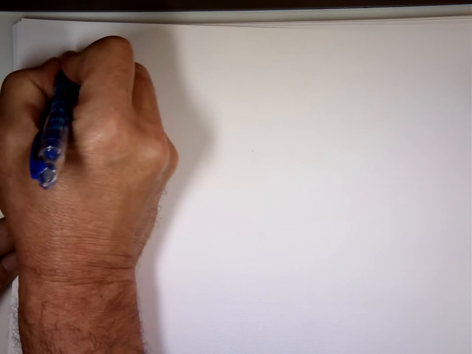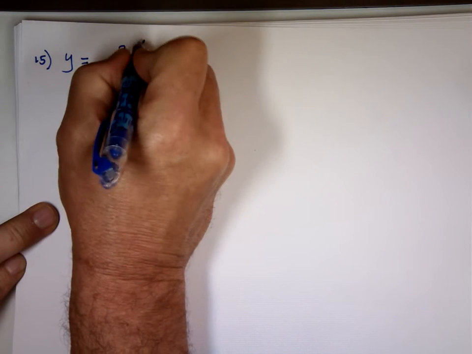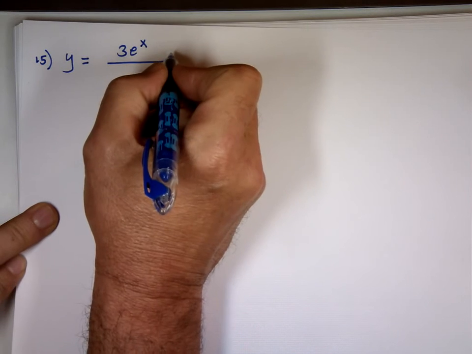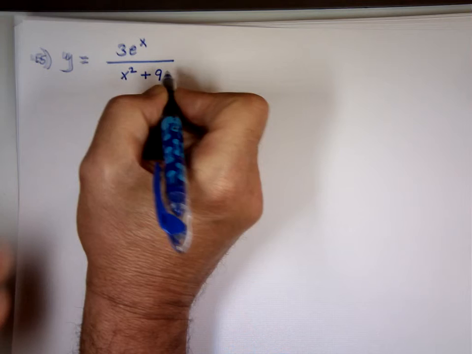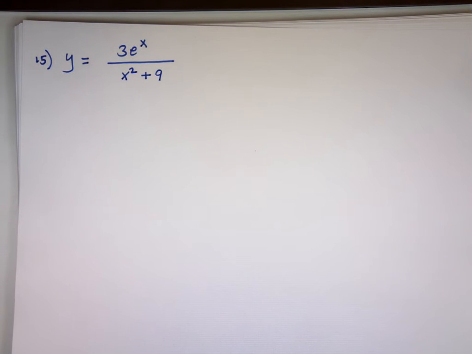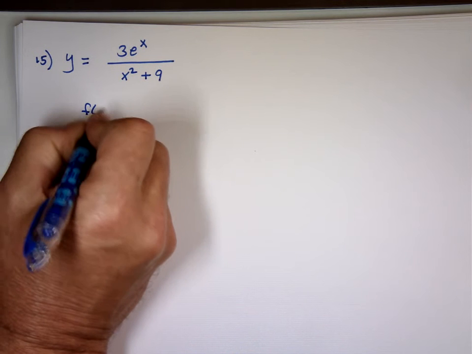We have number 15: y equals 3e to the x over x squared plus 9. Again, that's a quotient here. The quotient rule would be the way to do it. The top is always f of x.